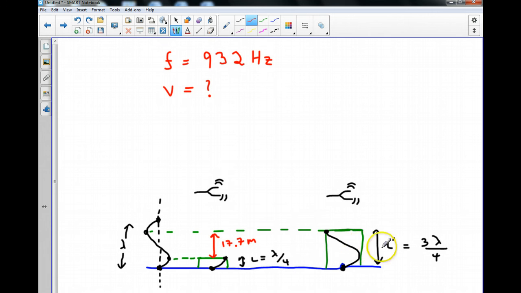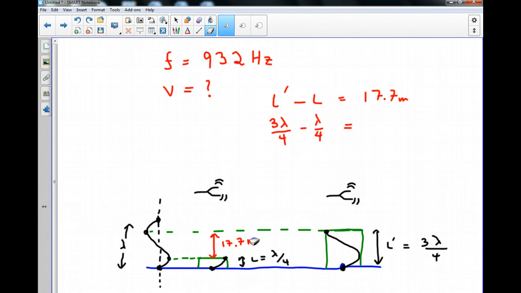Well, take a look. This L prime minus L equals 17.7, right? This minus this equals the remainder, 17.7. So I could say that 3 lambda over 4 minus lambda over 4, since this is lambda over 4, this height, and this is 3 lambda over 4, equals, oops, wait, this is wrong, this should be centimeters.